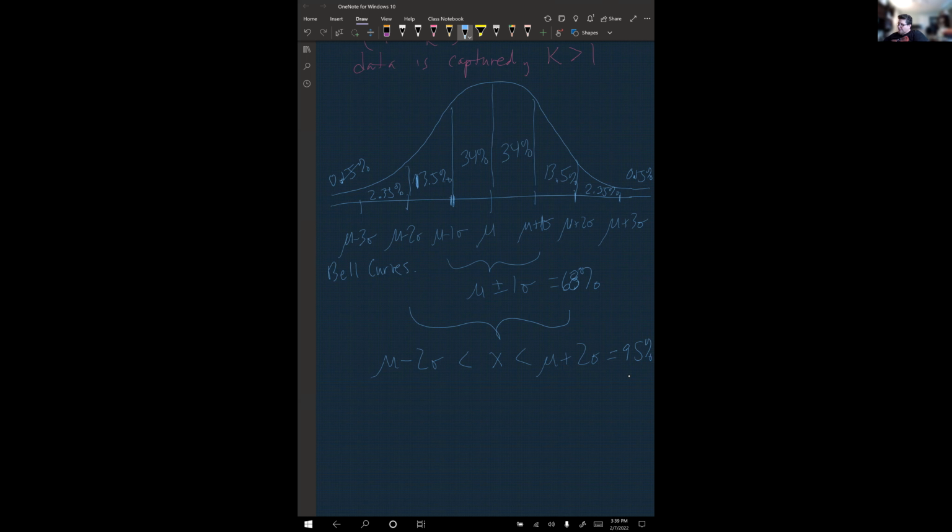And this is mu plus or minus 2 deviations. If I do 3 deviations, mu minus 3 sigma is less than whatever our data value, xi, is less than mu plus 3 sigma, this is 99.7%.